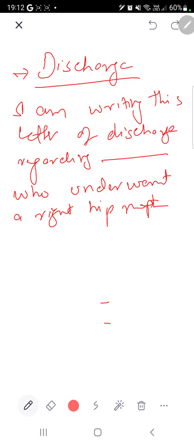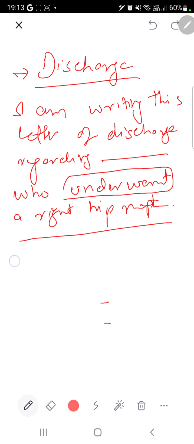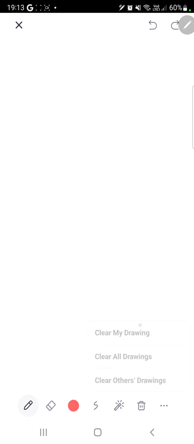So if you can see, who underwent is past simple. I would appreciate if you could further manage or follow up, that is something else. But majorly we use the past simple tense in the discharge letter. Or maybe the future tense as well: who would require your expertise for the management of so and so. So it depends upon the case, but just to give an idea, the tenses are important in OET.